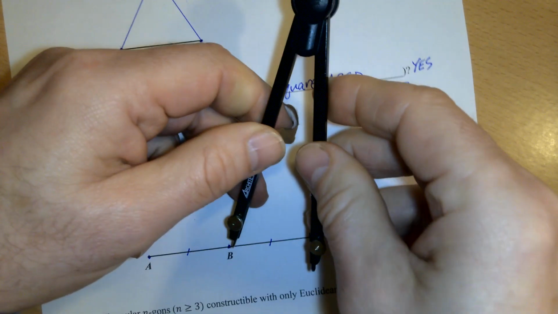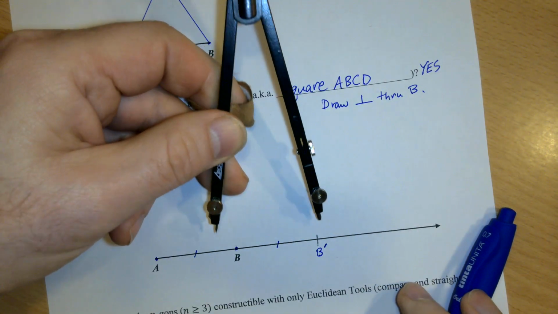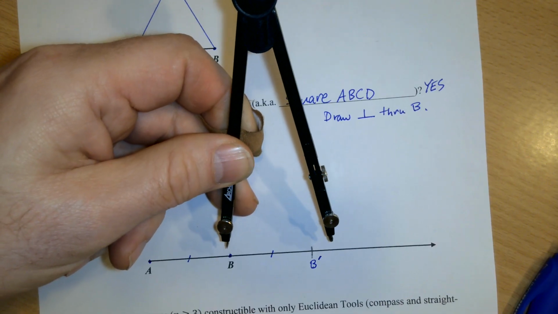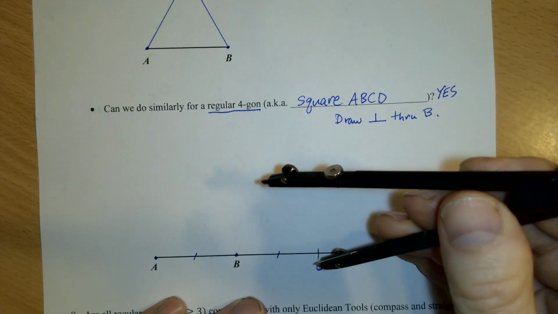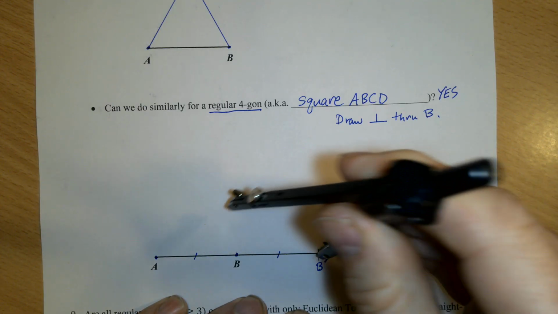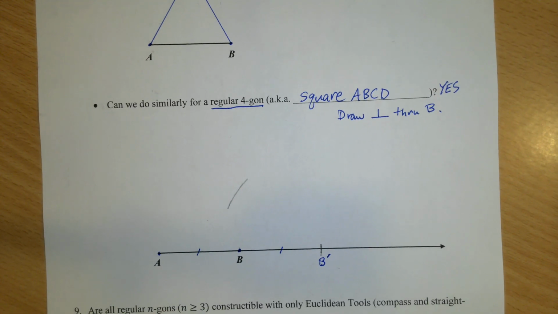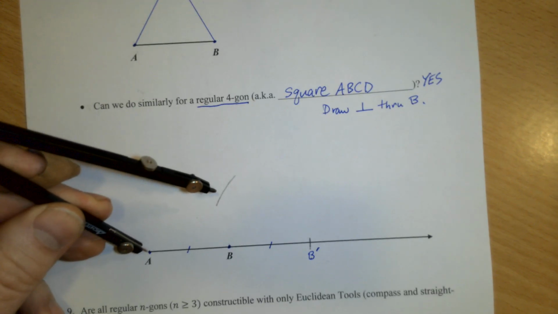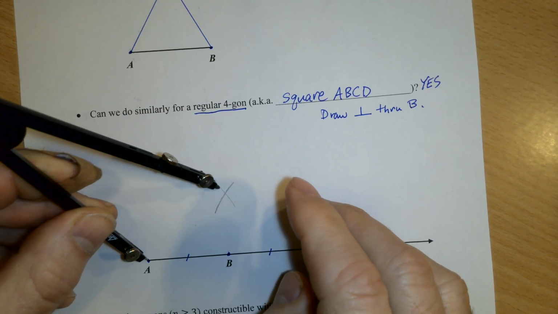Then you open up your compass a little bit bigger than the distance AB or BB prime. It doesn't matter which side you start with. Put the point of the compass on B prime and put an arc over the point B. Do the same thing from the point A: put the point on A and construct an arc like that.